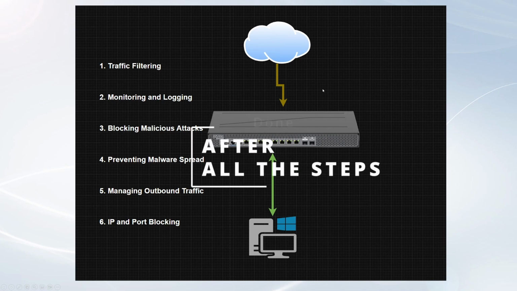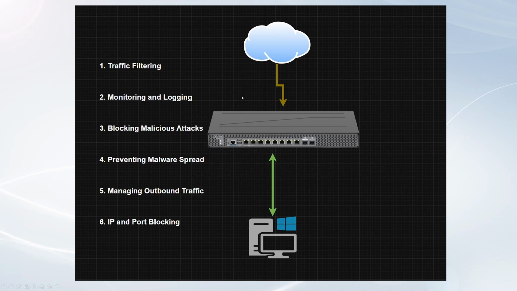Now that we've done the policy and the device onboarding, we have a working firewall at the moment. Currently the firewall is between you and the internet, and the benefits that we currently have is we can do traffic filtering, we can monitor the traffic, we can view the logging as well of what the traffic is doing.